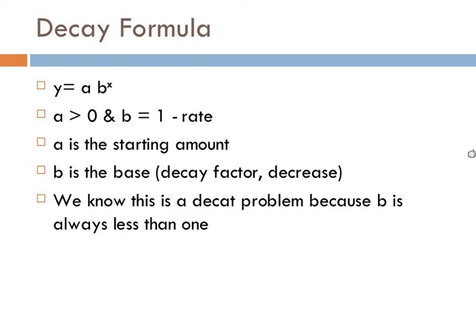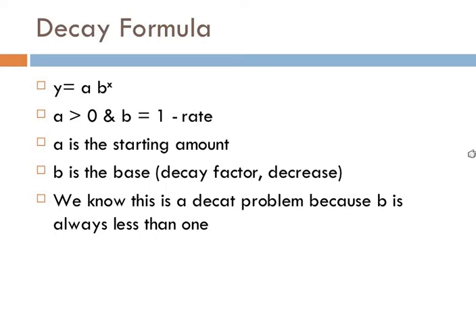Now, the other kind of exponential function, which is decay, follows the same rule: y equals a times b to the power x, but b must be 1 minus the rate that you have in the example, because b is a fraction or a decimal, so it's of course less than 1. And as I said before, it must be more than 0.